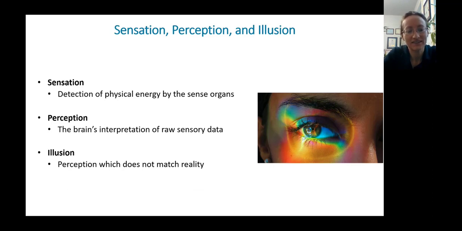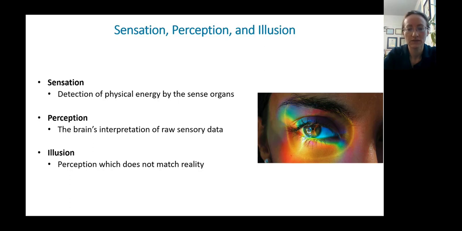Sensation is the detection of physical energy by the sense organs. Okay? How you feel with your fingers, hear with your ears, see with your eyes. It's about how stimuli from the external environment come in to your central nervous system.